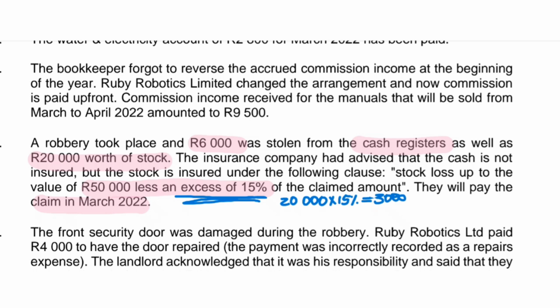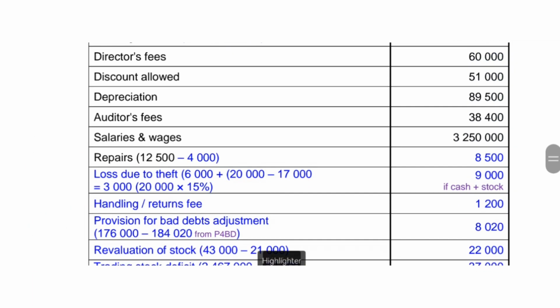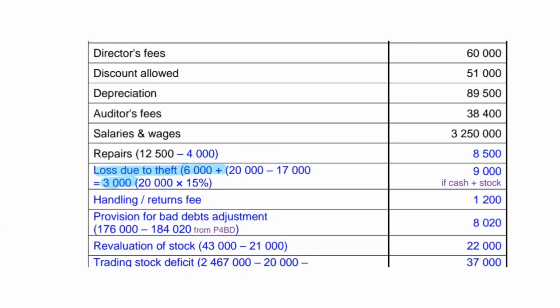In terms of value, we did not lose the 20,000 rand because the insurer is going to pay us that 20,000 rand back. If this robbery did not take place, we wouldn't have had to pay the 3,000 rand to have the insurer recover our stock amount. Statement of comprehensive income, there you have it: loss due to theft, 6,000 rand. This is the cash that we lost because of the robbery, which is the excess that we had to pay.